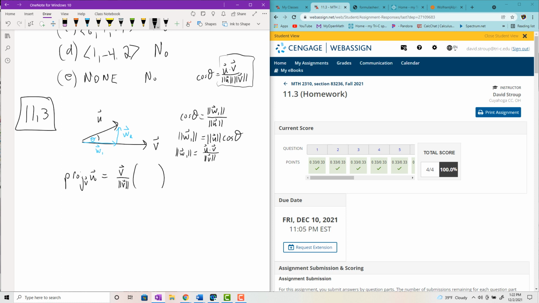That's the constant we need to multiply the unit vector by. However you remember it, I always just derive it from that little triangle. The book will give it as u dot v all over the magnitude of v squared as the coefficient on the vector v.